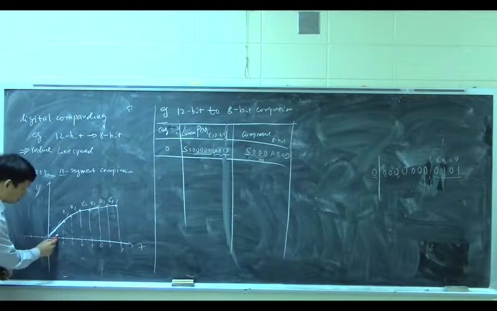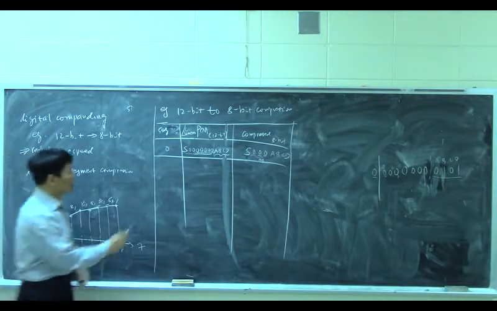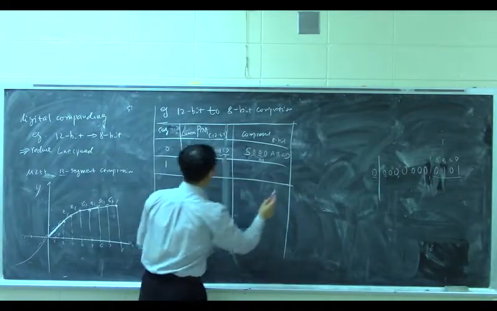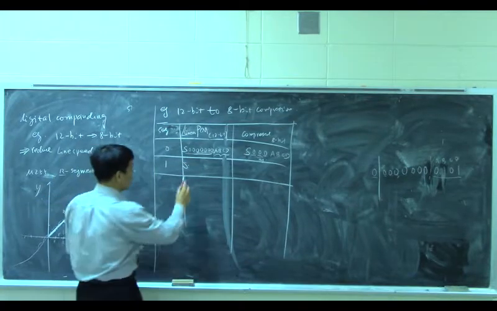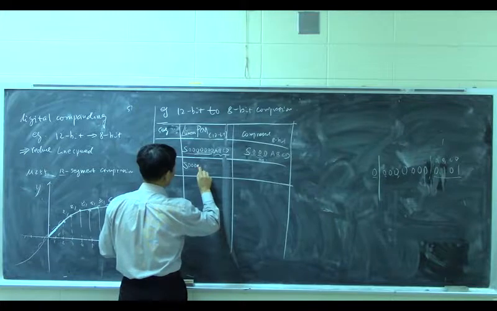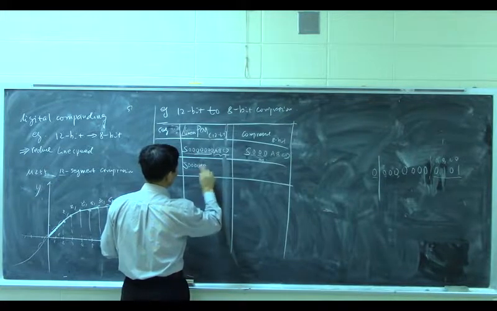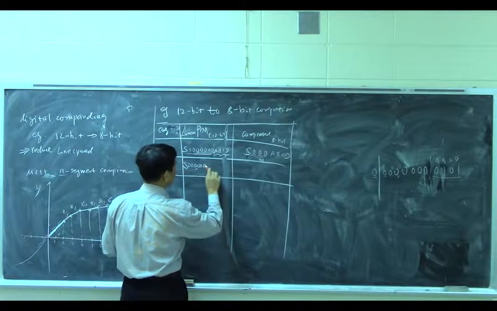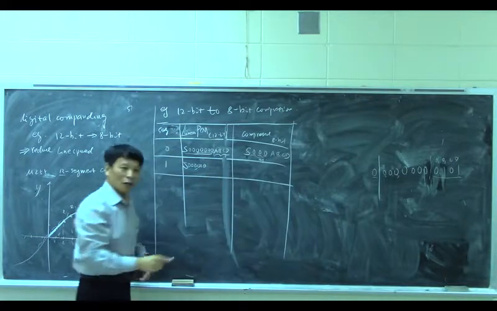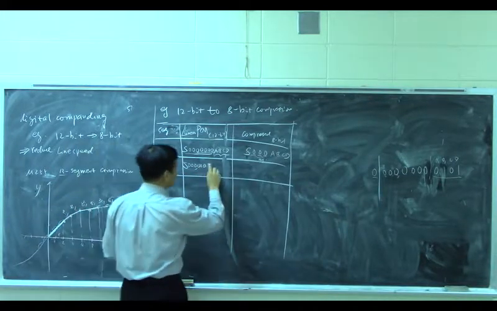Alright, next one, if the number input is a little bit larger, and it is on segment 1, then that 12 digit will be, again, the first one is the sign, and we have 6 zeros, 1, 2, 3, 4, 5, 6, and the next one cannot be 0, right? So it must be 1 here.